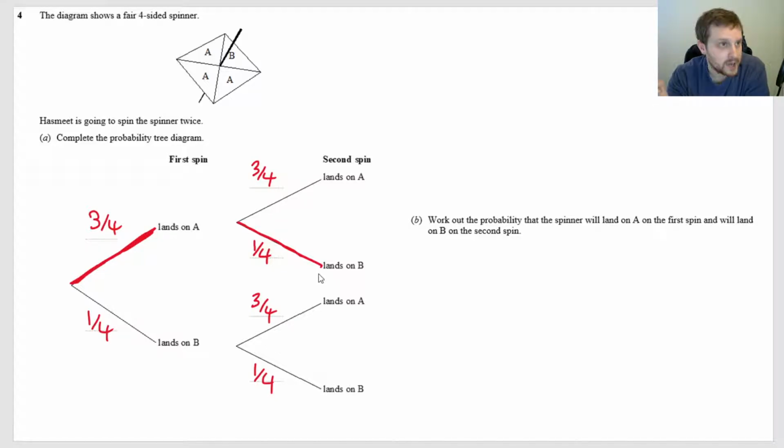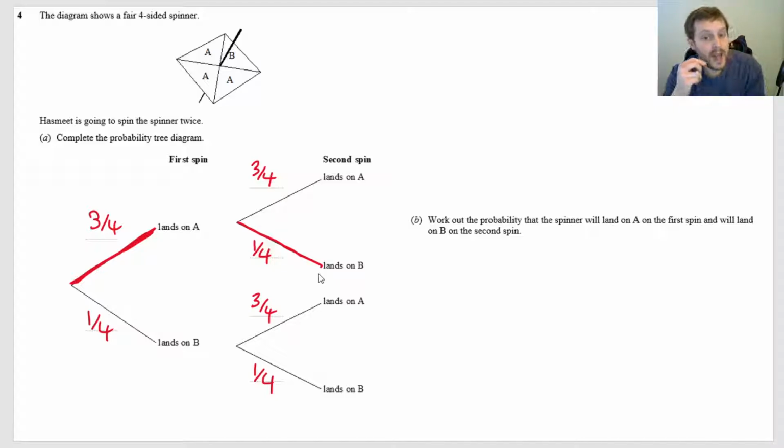I multiply as I go across. Okay, I multiply across the probability tree, and then I'll add up at the end. Because for AND type questions, or events I should say, you multiply, and for OR type events you add.